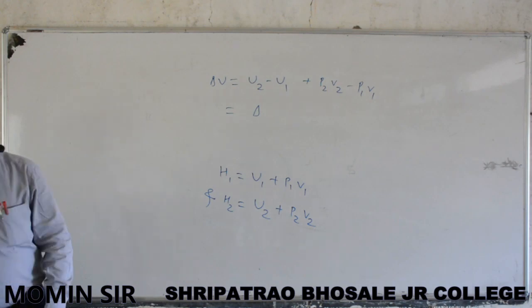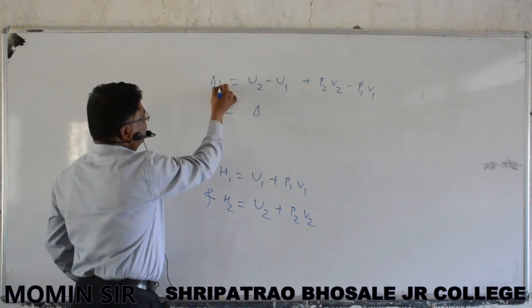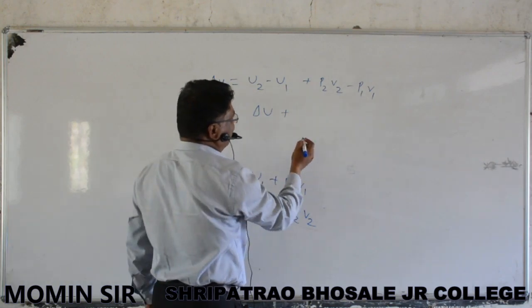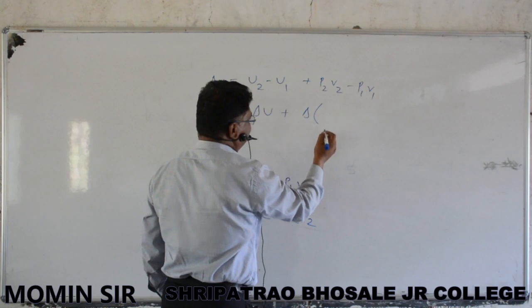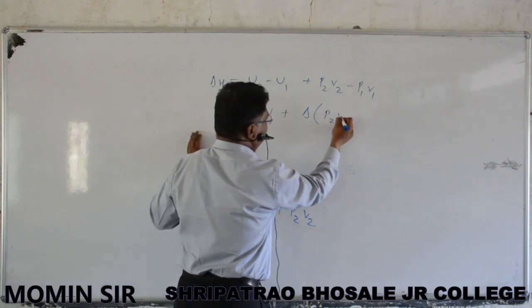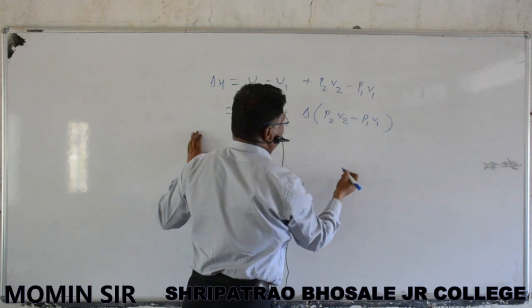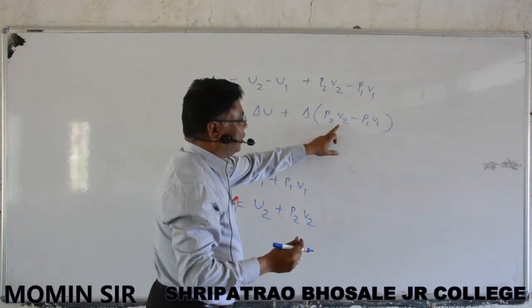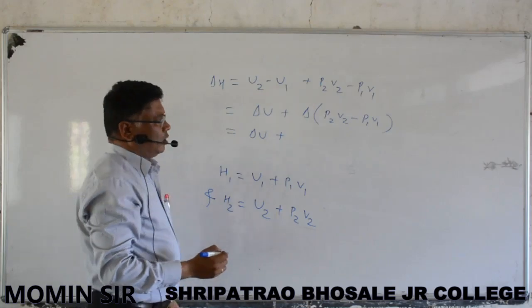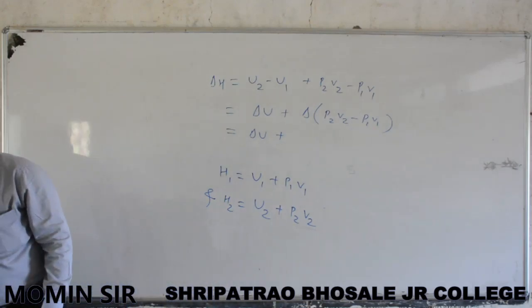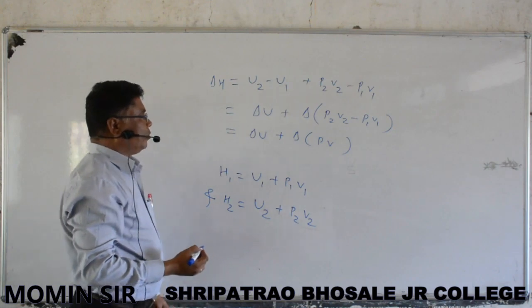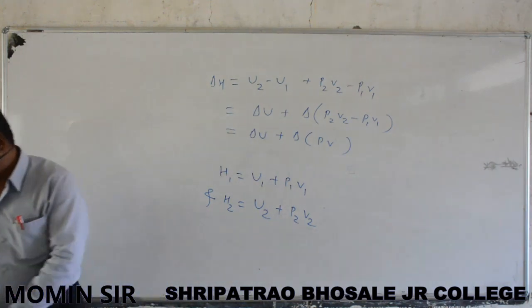Delta H is equal to U2 minus U1, that is delta U, plus P2 V2 minus P1 V1, which is delta of PV.